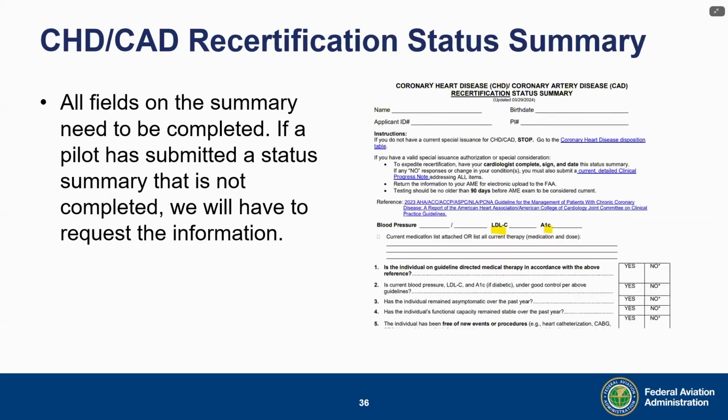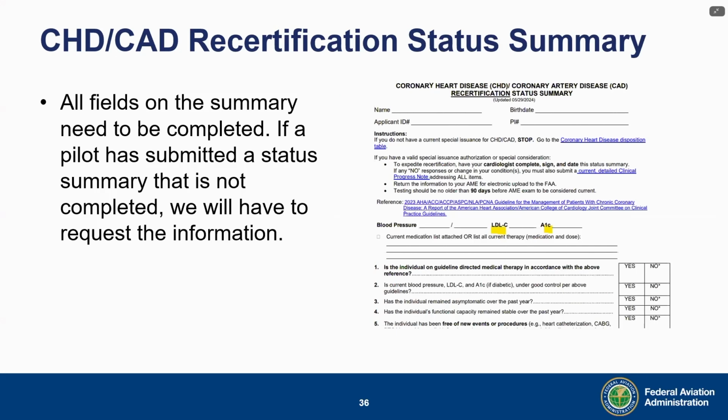This certification status summary, and you saw Dr. Frazier talk about some of these status summaries. These do contain just the pertinent information, but we do need it completed in its entirety. On this CHD and CAD recertification summary sheet in particular, we have noticed that sometimes the cardiologists are not including the LDL and the A1C.